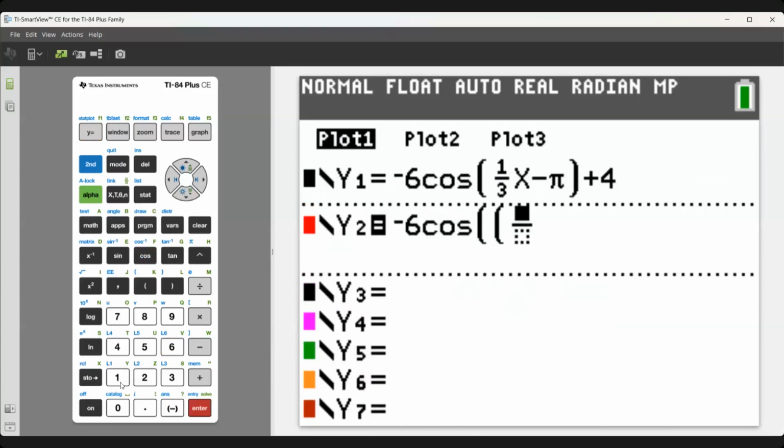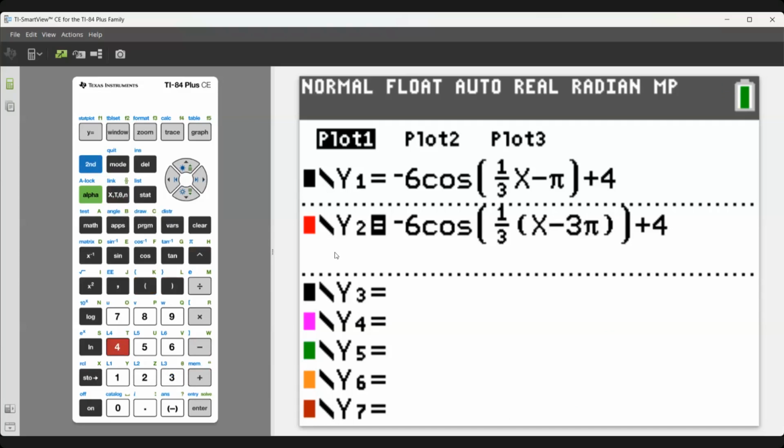So we'll factor the 1/3 out, and as we factor out the 1/3, we'll be left with open parentheses x minus, open parentheses, and then x minus 3 pi. And then close those parentheses, and another close parenthesis plus 4. And now, once we have it in this form, we can list our transformations.